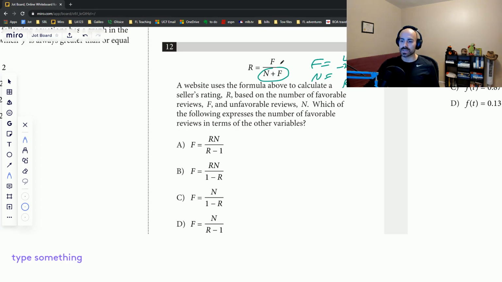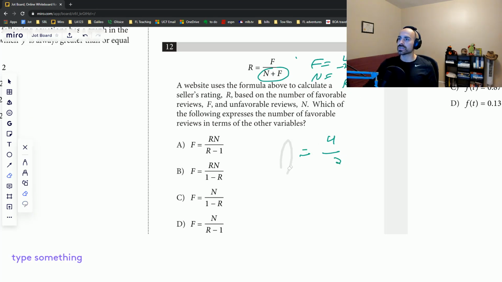So if we were to rewrite this, r equals f over n plus f, so that means 4 over -2 plus 4. And so we actually wouldn't know what r is at this point, but once I solved for it, r would be 2, because 4 divided by 2 is 2.